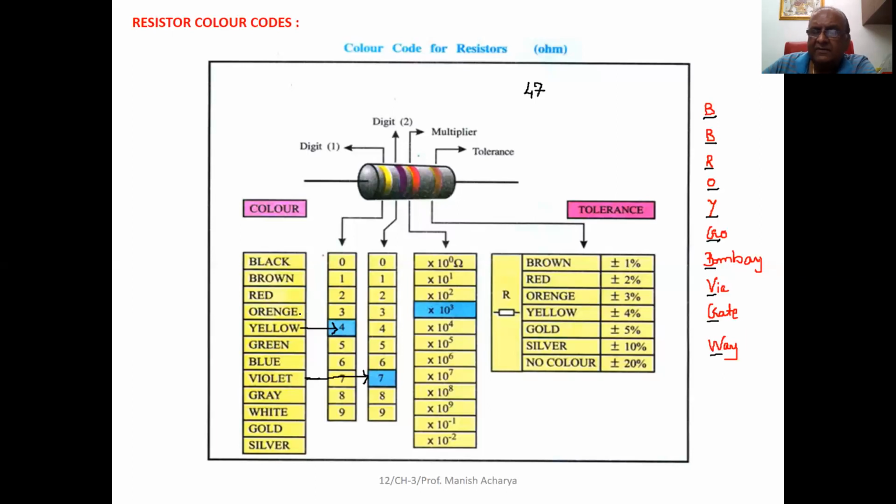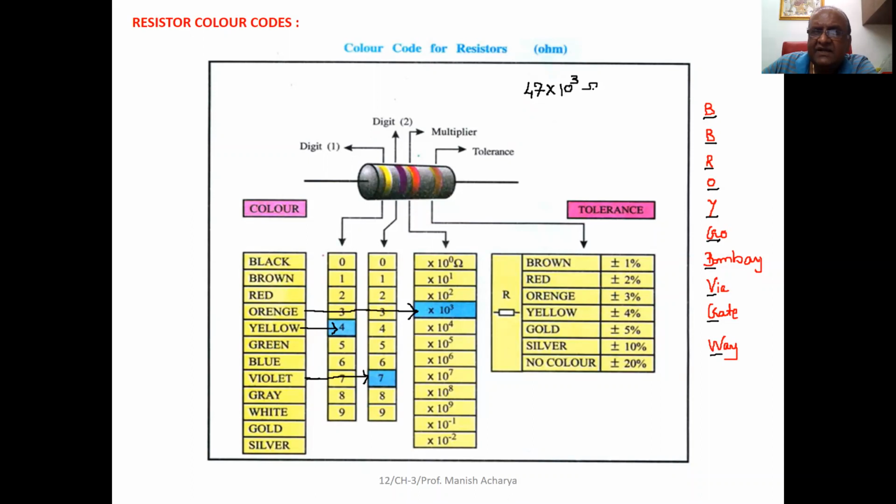Then the third band gives the multiplier in terms of power of 10. With orange, the associated multiplier is 10 raised to 3. So multiply this by 10 raised to 3.